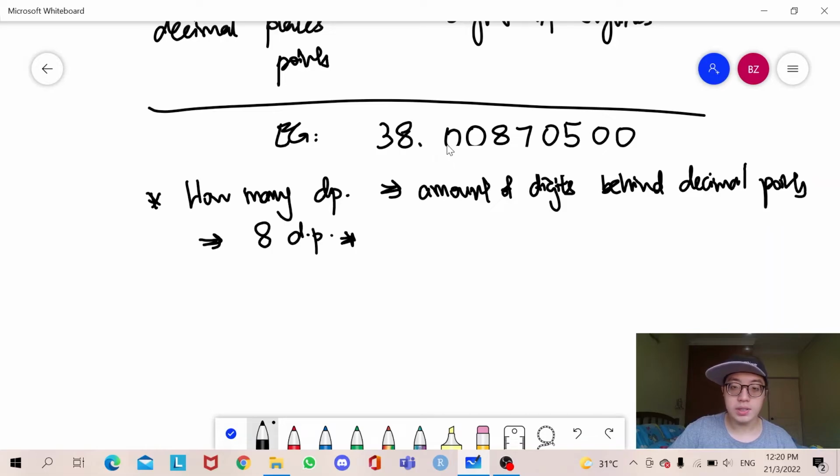And the next is the big one. The second one is how many significant figures.